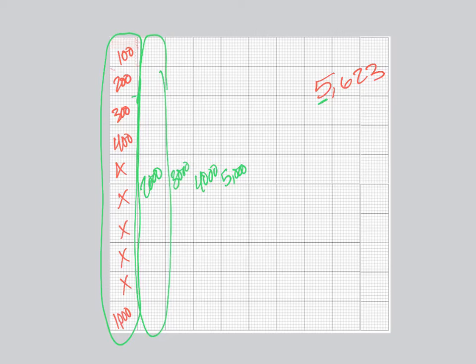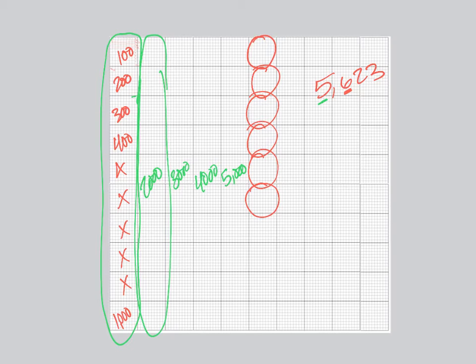So my number now has 5,000, but I have a little bit more. I've got 600. So past 5,000, I need to count 600. So I have 100, my 10 by 10 base 10 grid, 200, 300, 400, 500, 600.